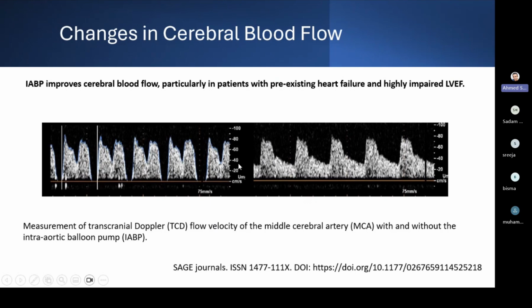And after the run of the intra-aortic balloon, you see this is the baseline systole, and this is the diastolic augmentation of the diastolic cerebral blood flow. So it is confirmed that the intra-aortic balloon is able to increase the cerebral blood flow due to the diastolic augmentation of the cerebral blood flow.